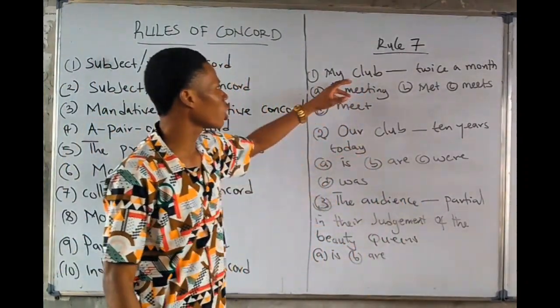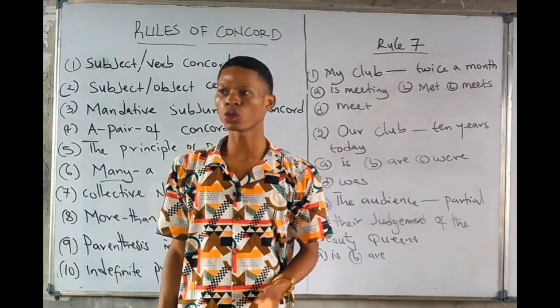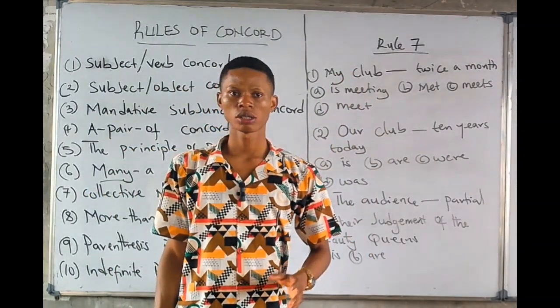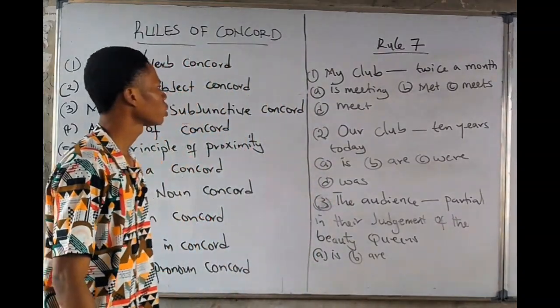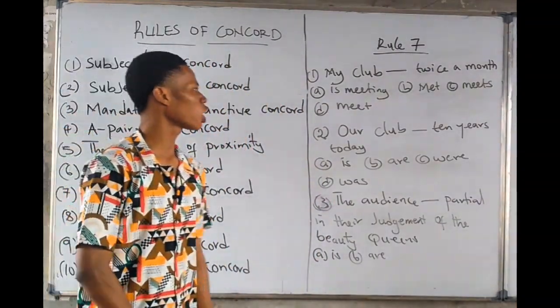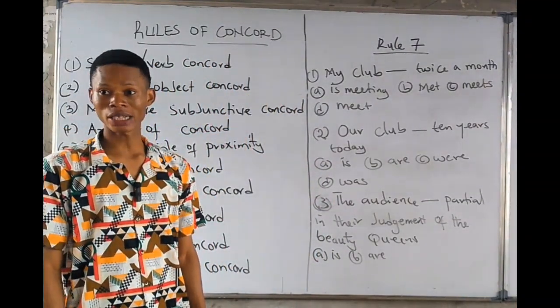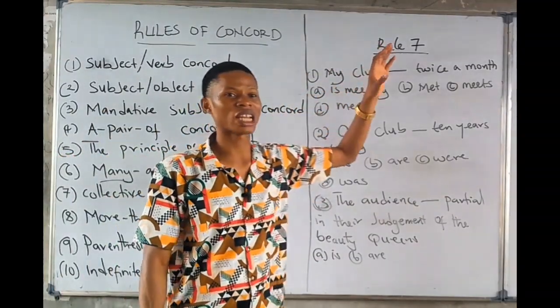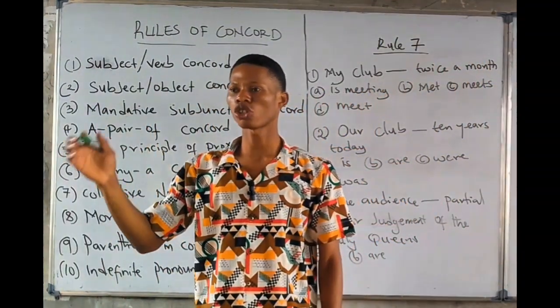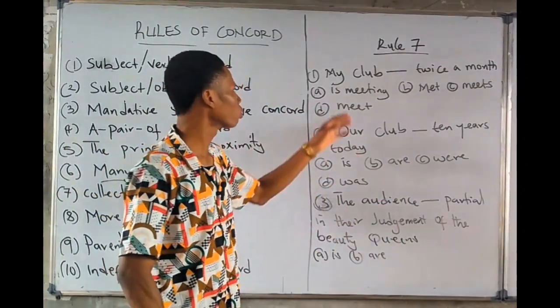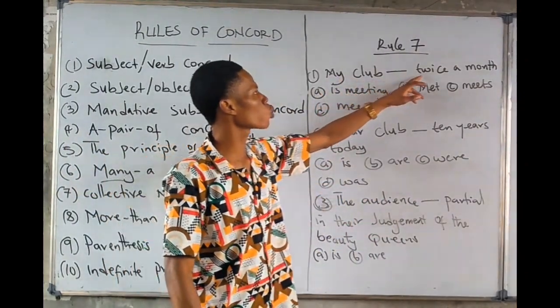So if the collective noun is performing an action, what do you use? Is it plural or singular? If it's performing an action, you use a plural verb, right? But if it's not performing an action, you use what? Singular.